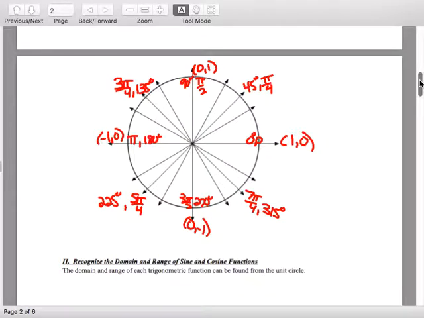Okay, so on the note packet, I want you to go back through and label 0, 90, 180, 270. Oops, I forgot my 360. Then go back through and do your pi over 4, 3 pi over 4, 5 pi over 4, 7 pi over 4.